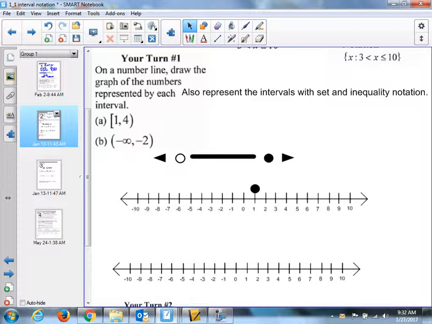And goes up to 4 but does not include 4. Goes up to 4. So this is how I do it on a number line. Now does that make sense for A?